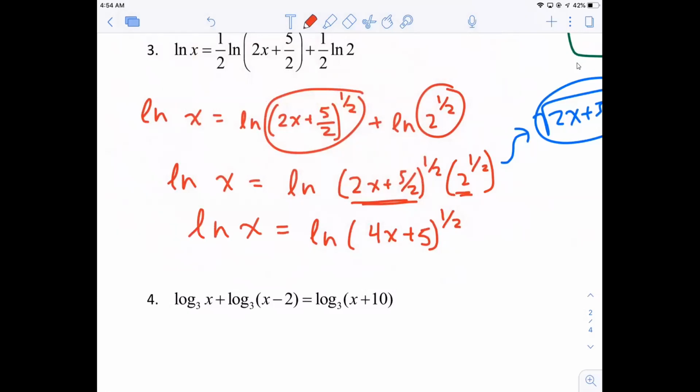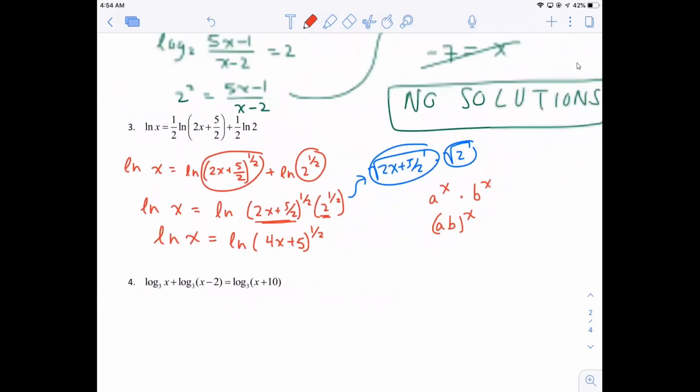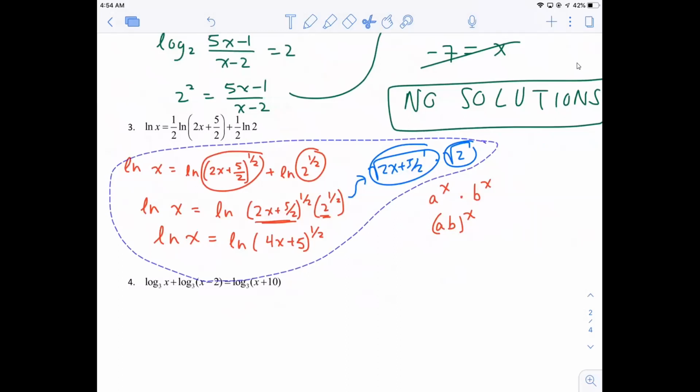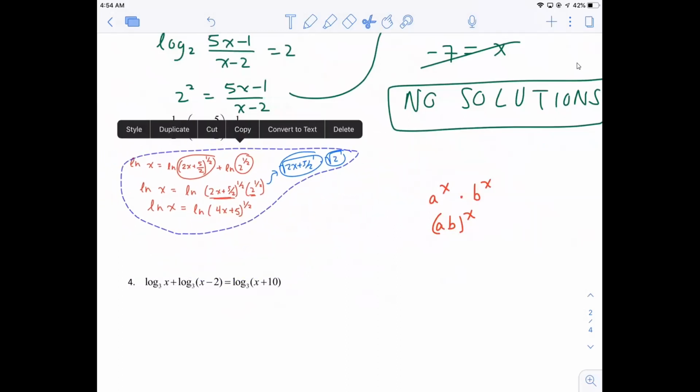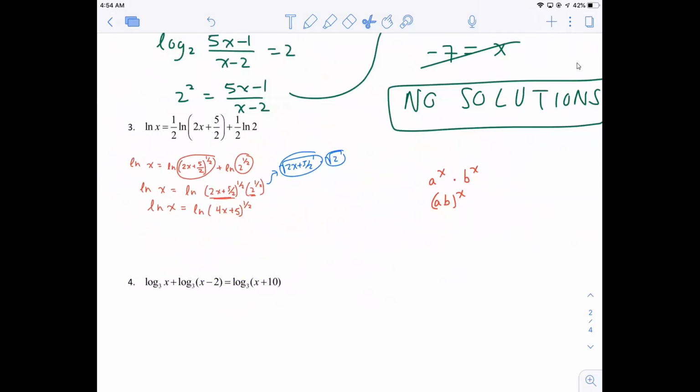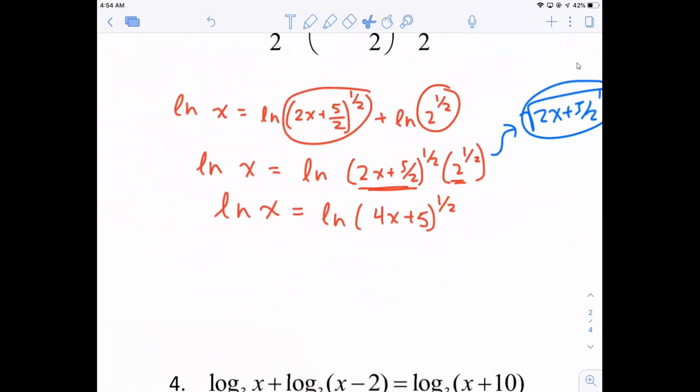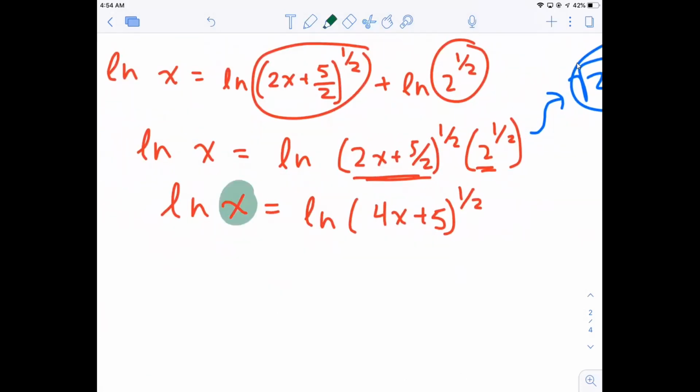All right, so this one is an interesting example because I'm not going to change this to exponential form. What I'm going to do instead is look at the two arguments because I am taking the natural log of both sides.